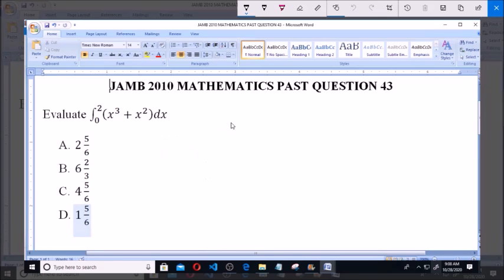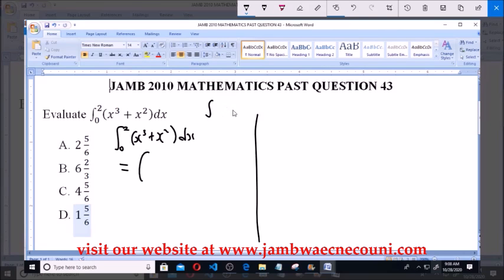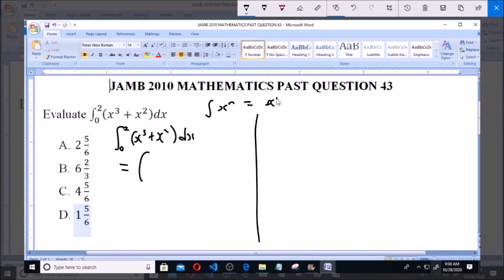Now we are given the integral of x cubed plus x squared dx. This is equal to, like we know, when we are given the integration of x raised to the power of n, this is equal to x raised to the power of n plus 1 all over n plus 1.